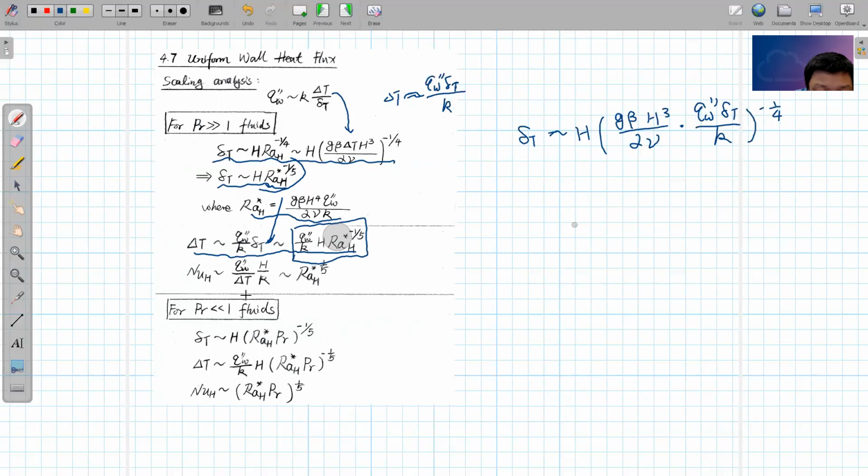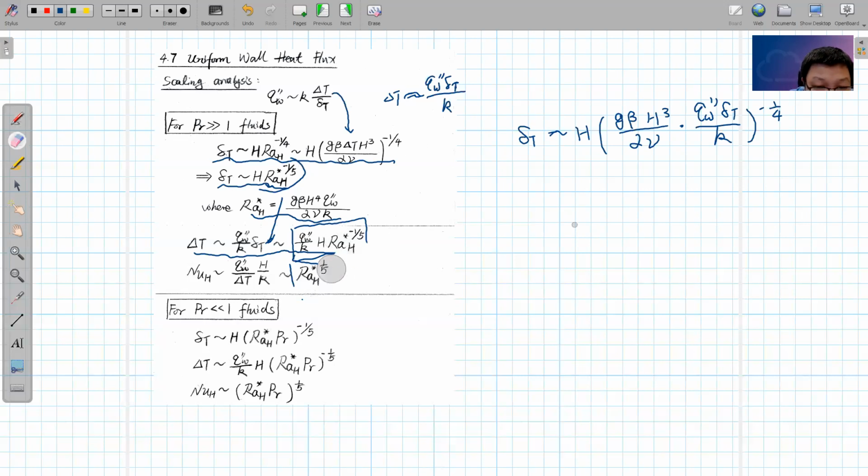Okay, and then you have this delta T, you can define the Nusselt number. Because q_w prime over delta T, you get a film coefficient, you get the Rayleigh number to this one.